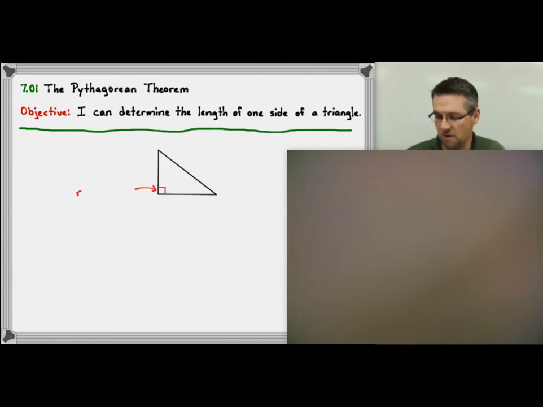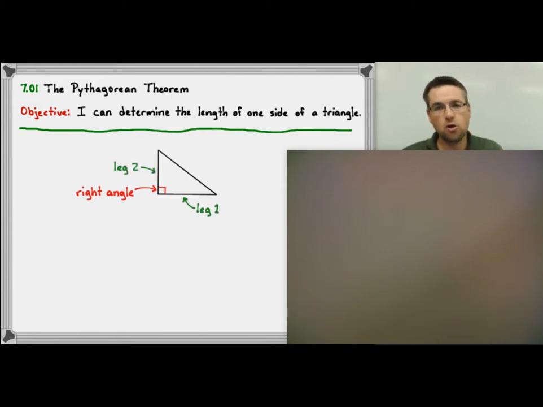So we need to define a few things. Number one, that's your right angle. Number two, we have two legs here. Well, what is a leg? A leg are the two side lengths that are the shortest, right? Or another way to say that, the two legs are the two that intersect each other at the right angle.